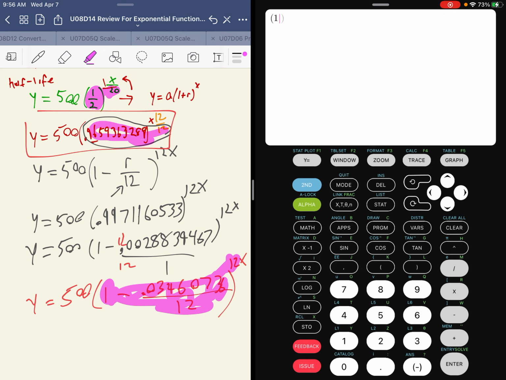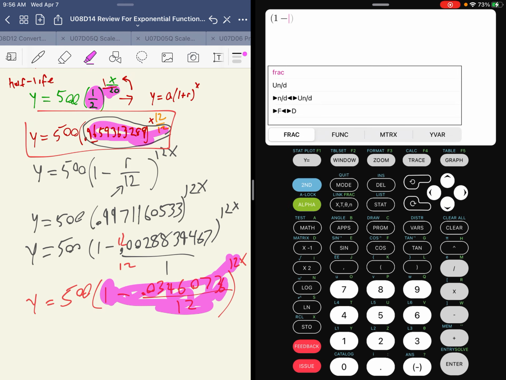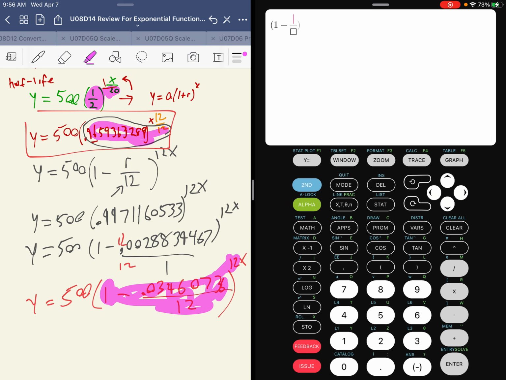All right, parenthesis 1 minus 0.034600736, all of that is over 12. I'm going to raise that to the 12th power. Not times 12, 12th power.